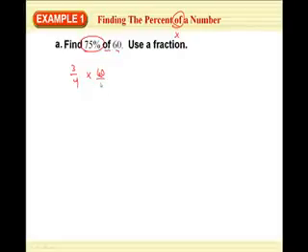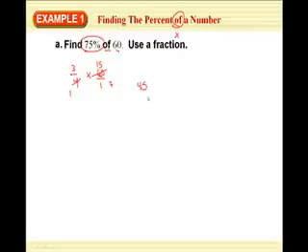Now remember from the last chapter, 4 and 60 cancel. 4 goes into 4 once, 4 goes into 60 15 times. 15 times 3 is 45. So 75% of 60 is 45. That'd be like saying if you got a 75% and there were 60 problems on the test, how many did you get right? You got 45 out of 60 to get that 75.